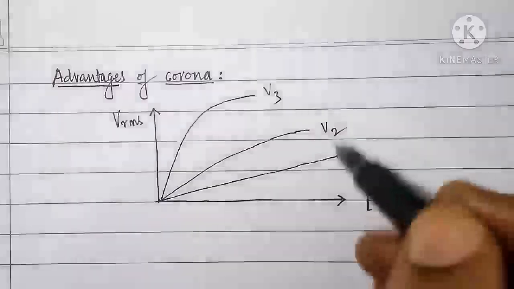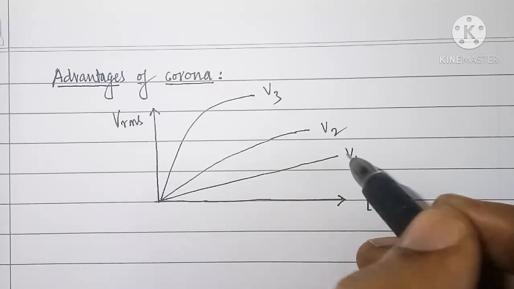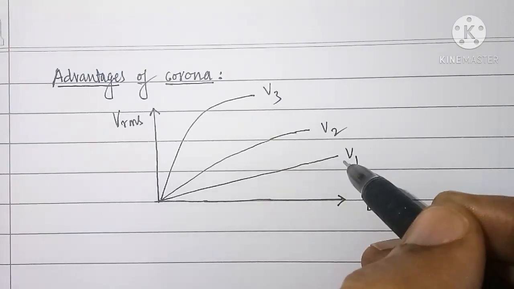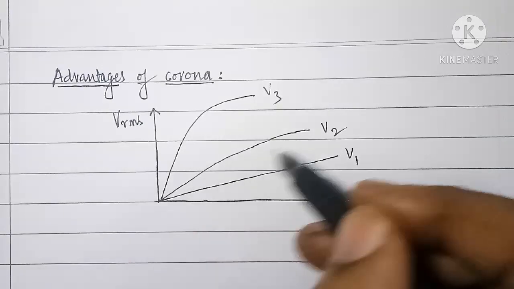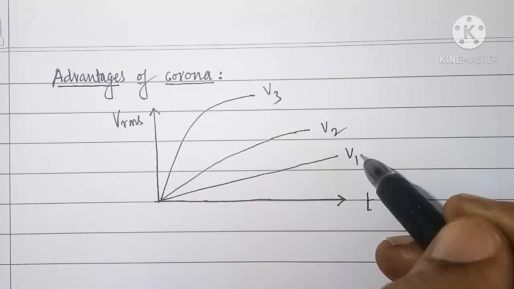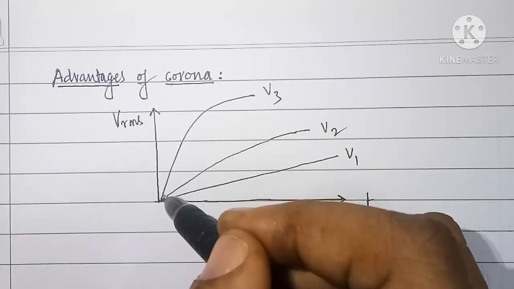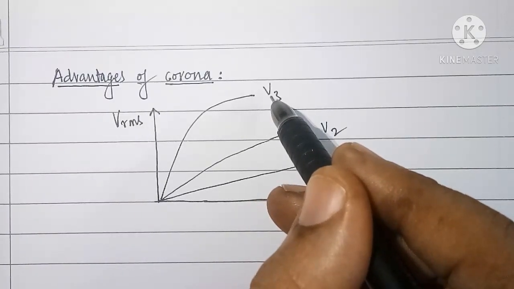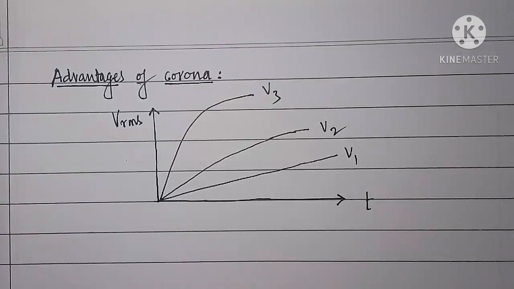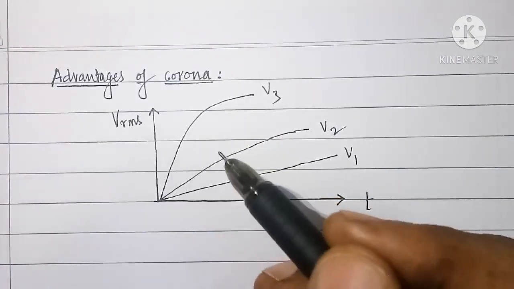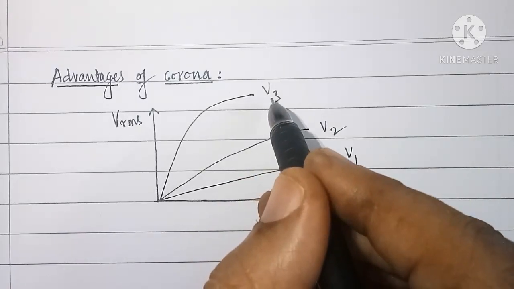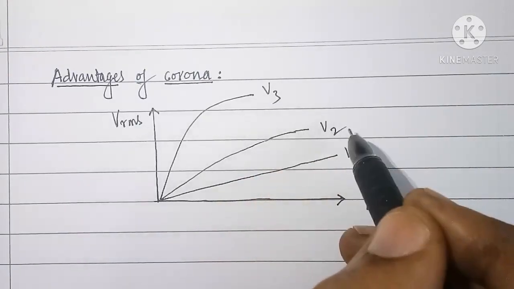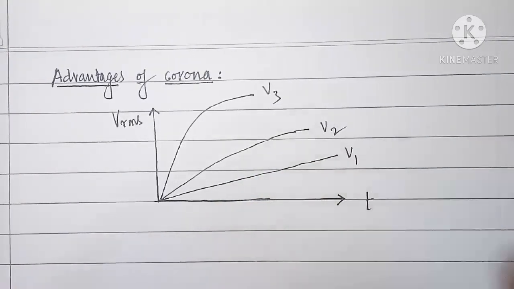You can observe V1 is increasing slowly, V2 is increasing faster than V1, and V3 is increasing much faster than V2. That means the rate of rise of V3 is more than that of V2 and V1.